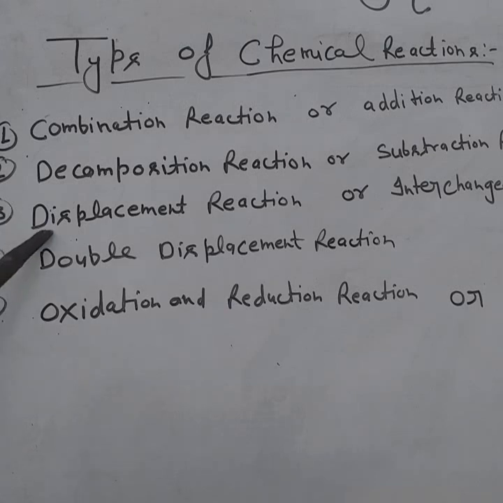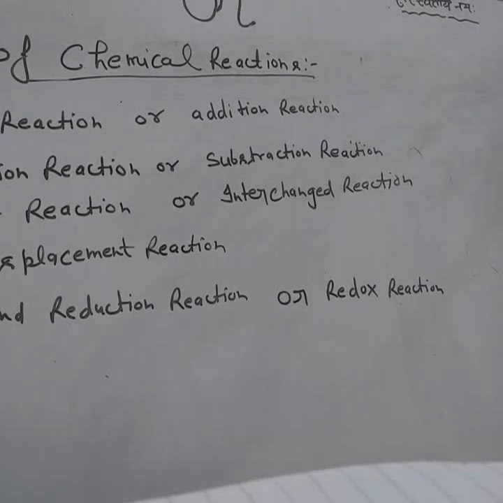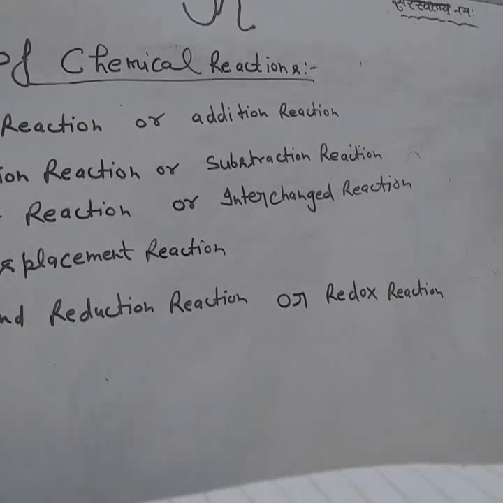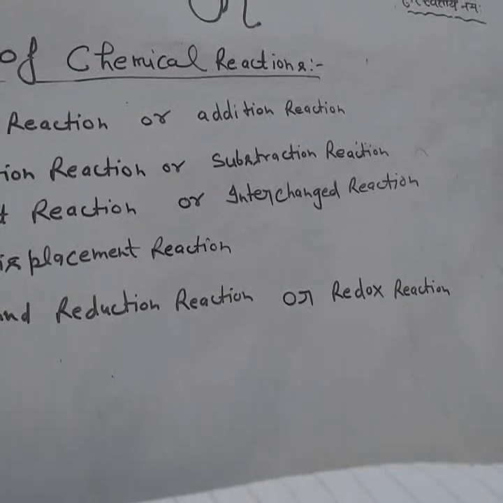Next is displacement reactions, also called interchange reactions. Next, double displacement reactions, and last, oxidation and reduction reactions, also called redox reactions. A redox reaction is the combination of two reactions, oxidation and reduction, so it is called redox reaction.